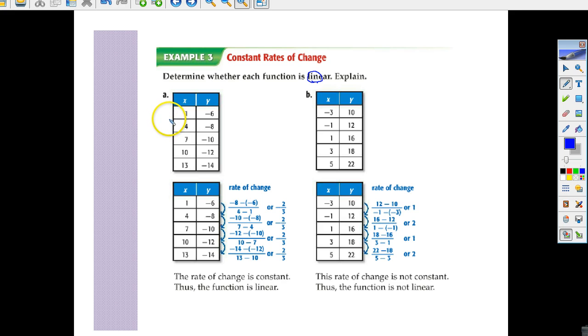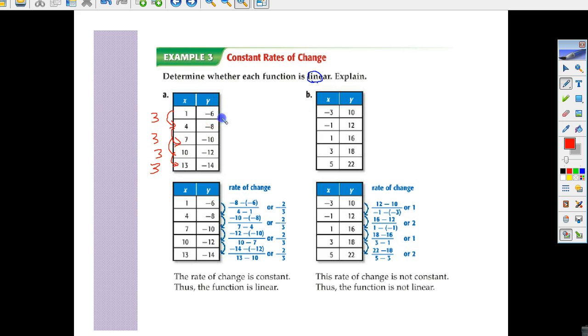So if you figure out each rate from here to here, you added 3. Okay? From here to here, excuse me, you add 3. From here to here, 3. From 10 to here, 3. So that's consistent.